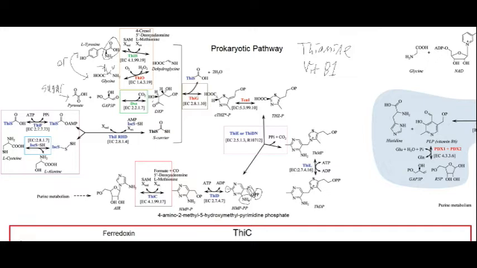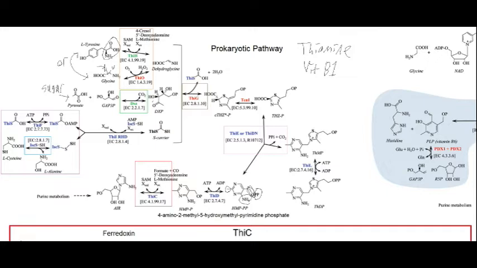And then this third step, which is a very complicated one all in itself, because it requires this ISCS, this THIF, this THIS, and this THII, which then come together with these other ones, with this THIG.